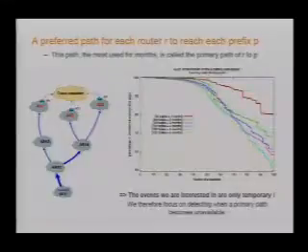In this figure, we compute the path from each source to each prefix, the path that is the most seen during the whole period. We started with one month, then 2 months, up to 6 months.